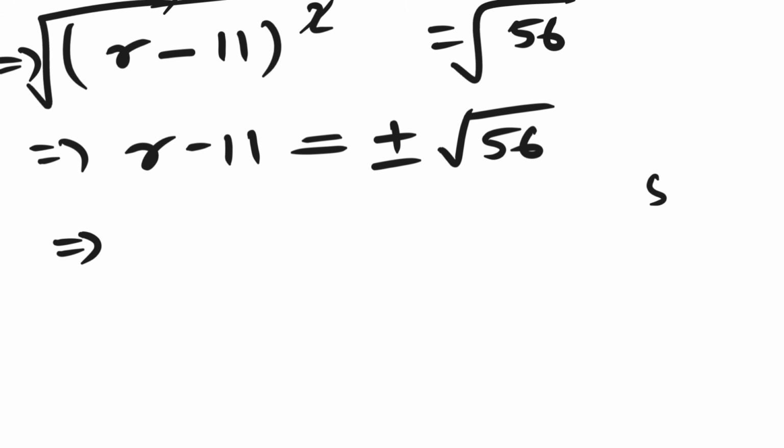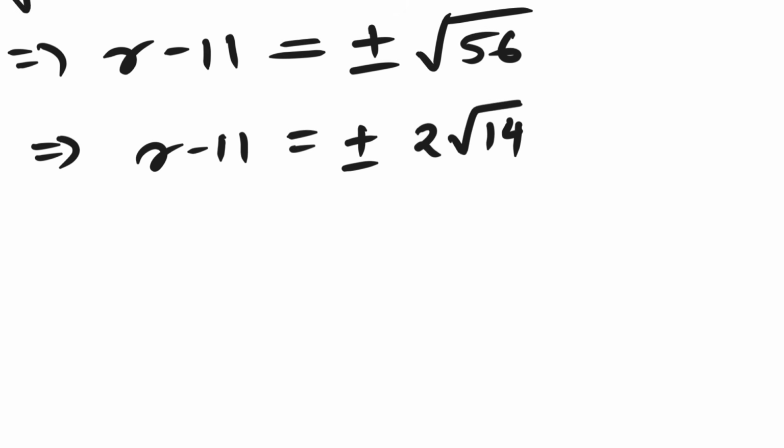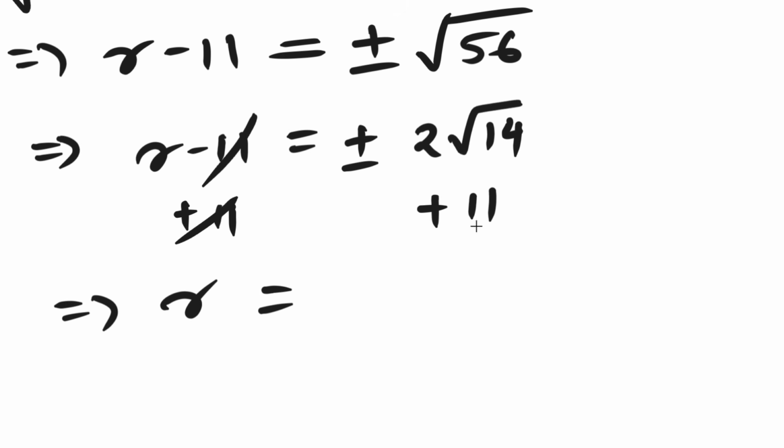The square root of 4 is 2, so the square root of 56 becomes 2 multiplied by the square root of 14. Therefore, R minus 11 equals plus or minus 2 square root of 14. Now add 11 to both sides and we get R equals 11 plus or minus 2 square root of 14.